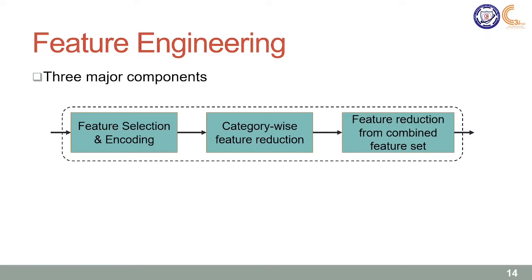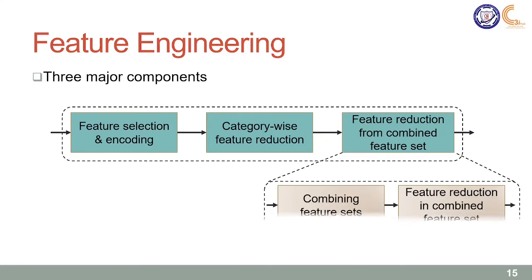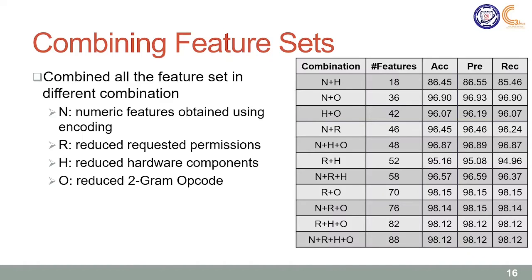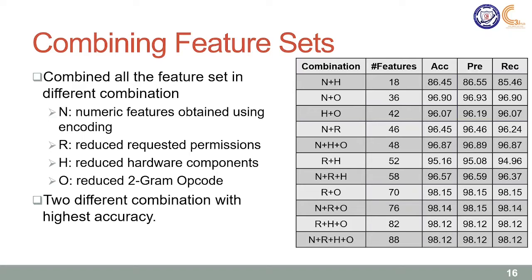This step comprises two subtasks. First, combining all features and selecting the best combination, and second, reduction in the combined feature set. First, we combine all features and observe the result for all combinations, and found two different combinations with highest accuracy.